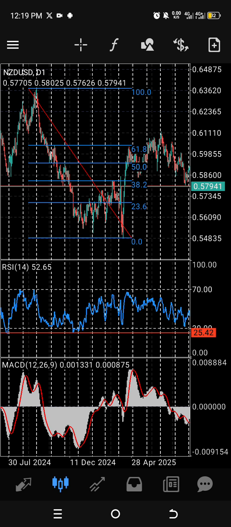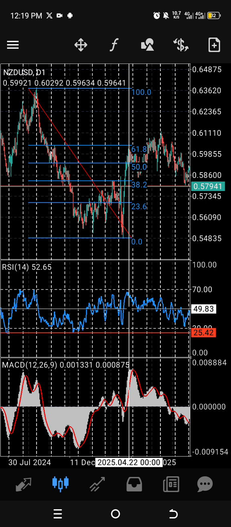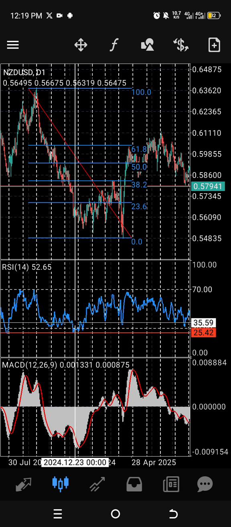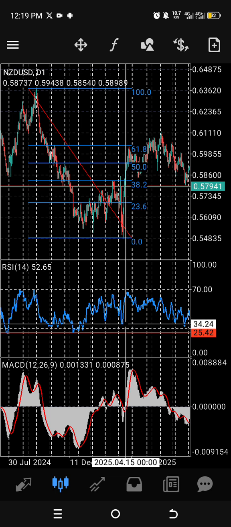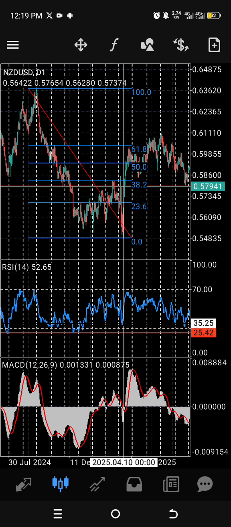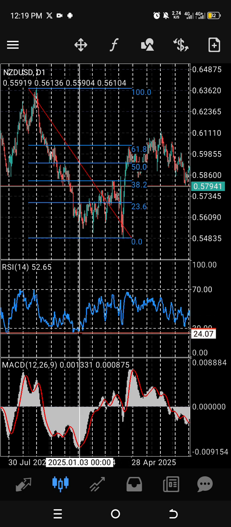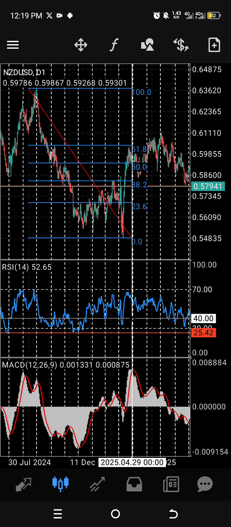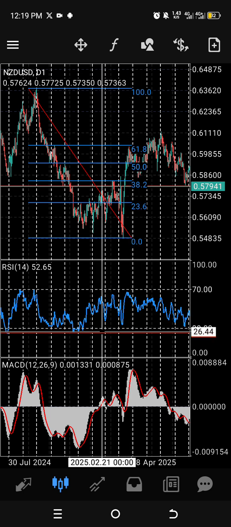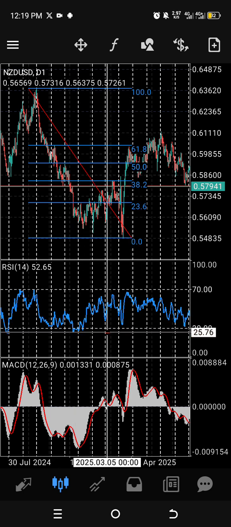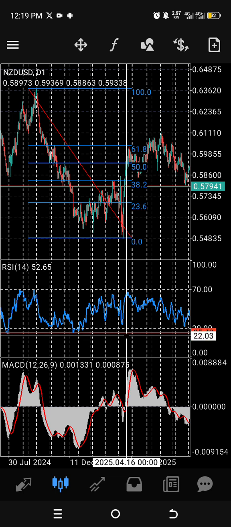This is the RSI. See, this is the previous low, and this is another low. Now, what happened here? The oscillator is making a higher low, in the sense that this particular oscillator did not go down with the price. If the oscillator goes down and breaks this level, goes down beyond this level, then we don't have any divergence. But in a situation like this, we have a regular bullish divergence.